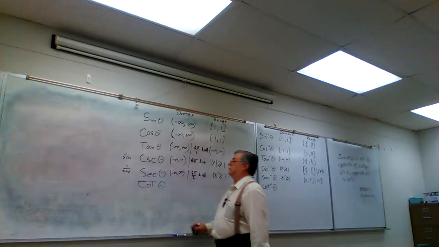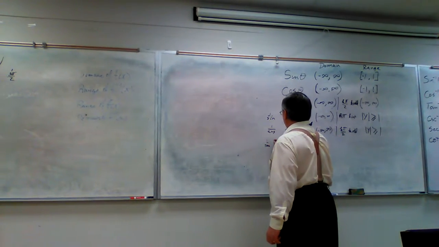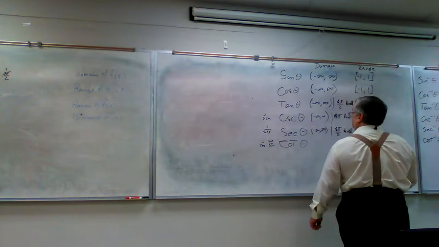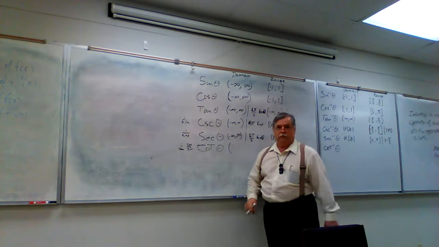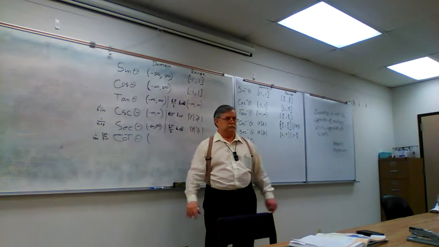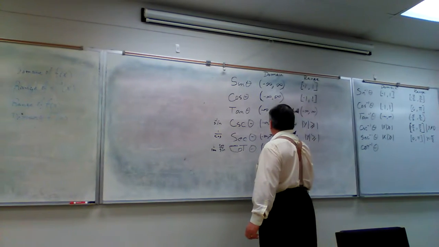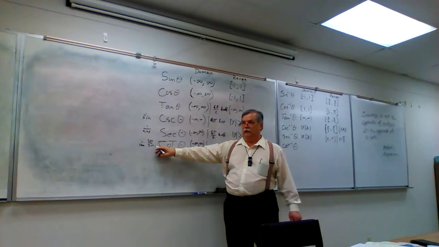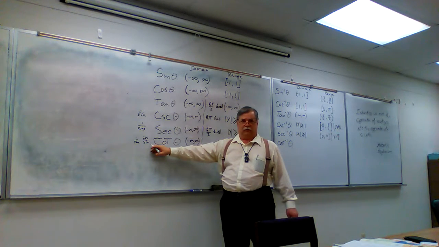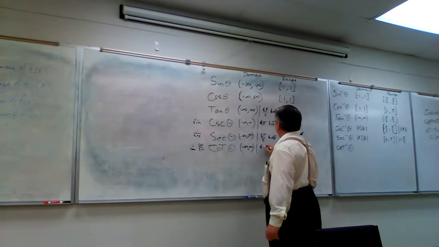Now, our cotangent function is 1 over tangent, or cosine over sine. What's its domain? Negative infinity to infinity, except where? Except wherever sine is equal to 0, which is any multiple of pi.